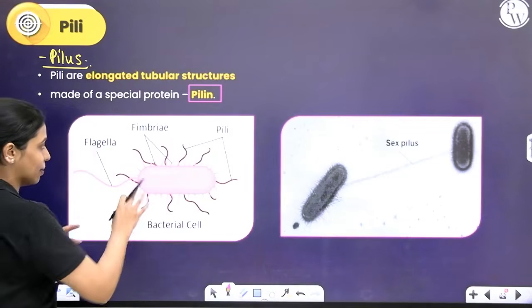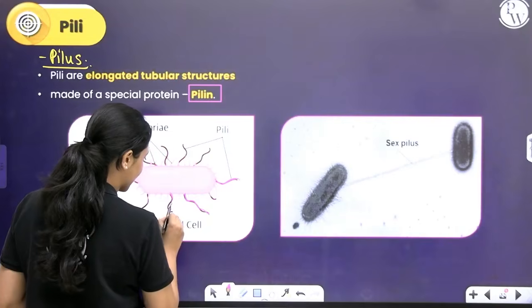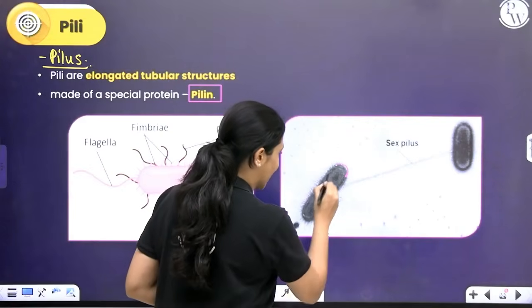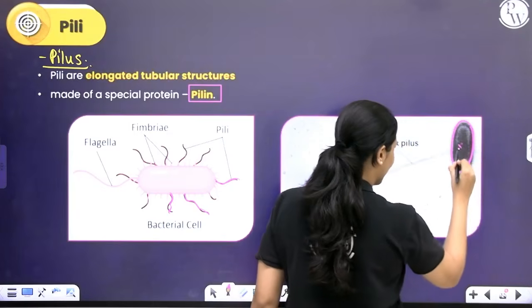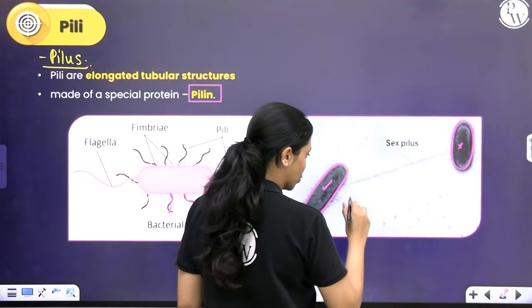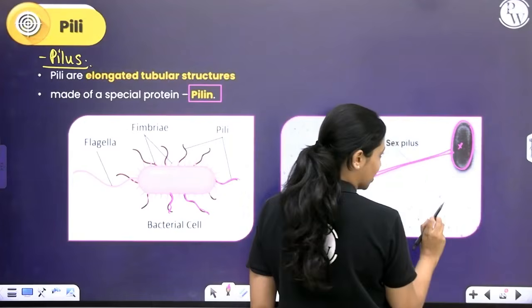So generally bacteria will have pili like this. One strain of bacterium will have a pilus, one strain will not have it. Let's assume this will have it. So this pilus will attach with the one that does not have the pilus.